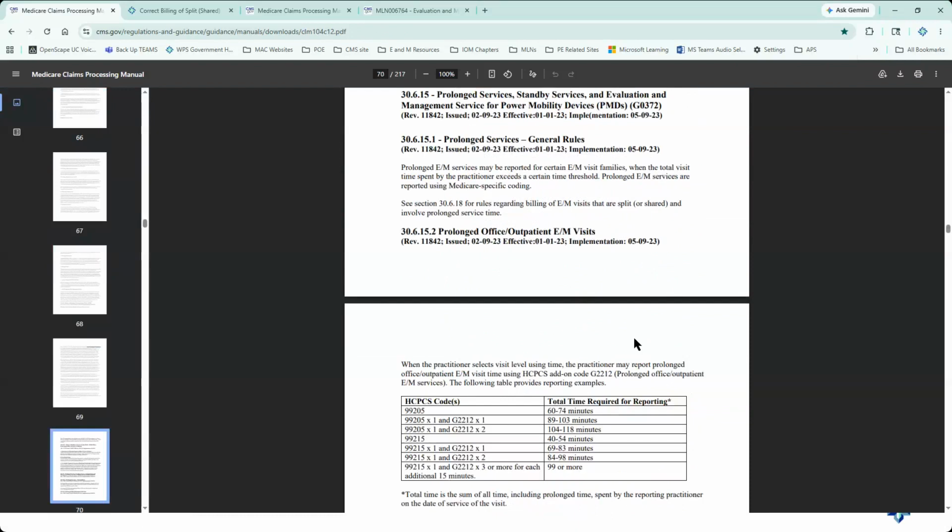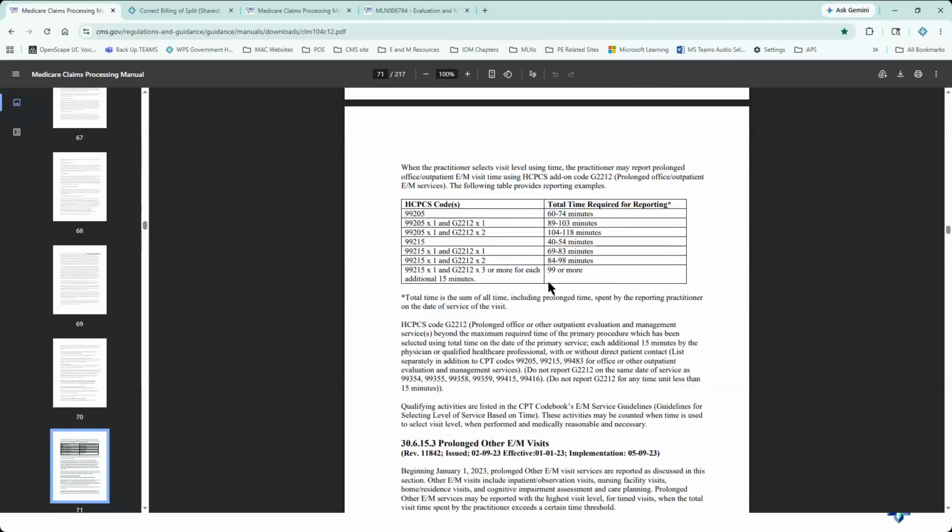This is going to be a very valuable resource when you're looking at prolonged care codes. CMS also has this information listed in their Evaluation and Management MLN, or Medicare Learning Network, booklet, and we'll show you that as well. But this is going to show you the time thresholds, and it's going to provide you with some examples, and we're going to talk about that.